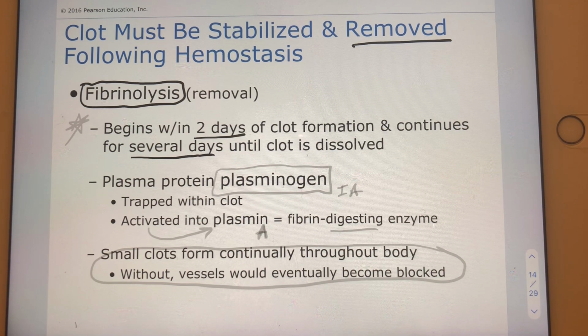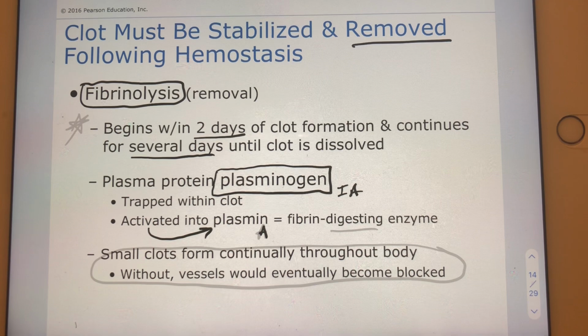Fibrinolysis is dependent on the plasma protein plasminogen, which is another plasma protein that I think many of you have listed separately under your massive list of blood cargo. Plasminogen gets trapped underneath that fibrin mesh, even underneath the platelet plug for that matter, within a clot. And the trapping of it is what helps to activate it. So plasminogen is inactive, and its activated form is plasmin.